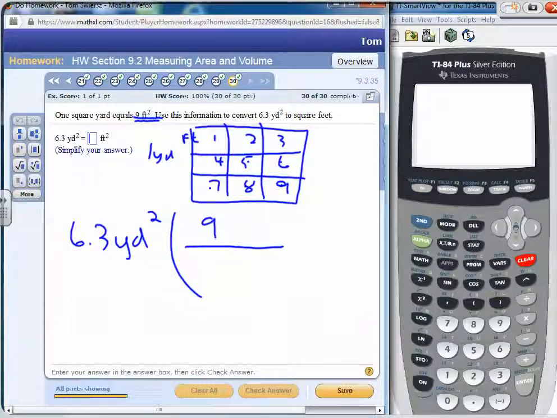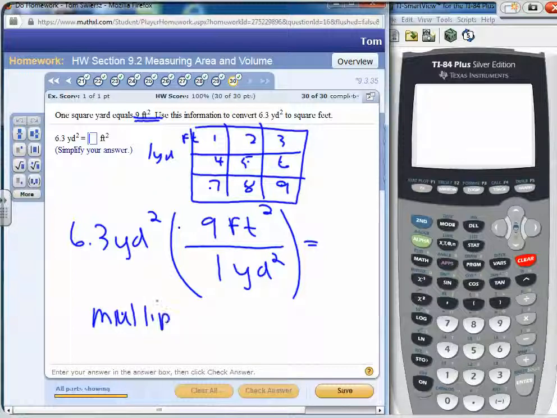What did we just look at? It gives us 9 square feet for every 1 square yard. The 9 is in the numerator, so we're going to multiply. The number that's not 1 is in the numerator, so that tells us we're going to multiply. So we're going to take 6.3 times 9, and that will give us the number of square feet.